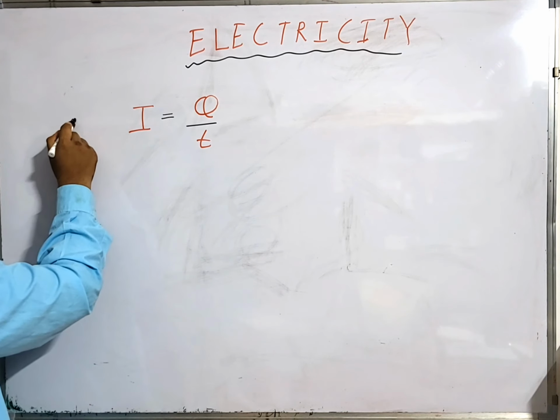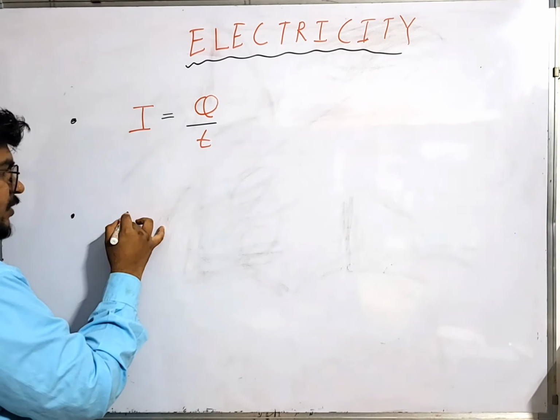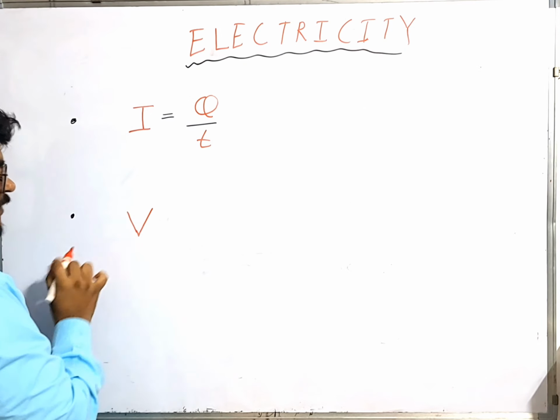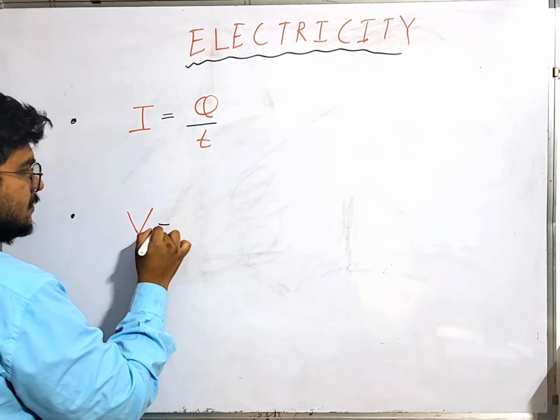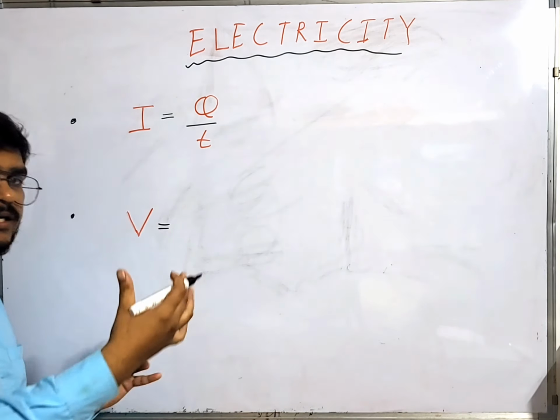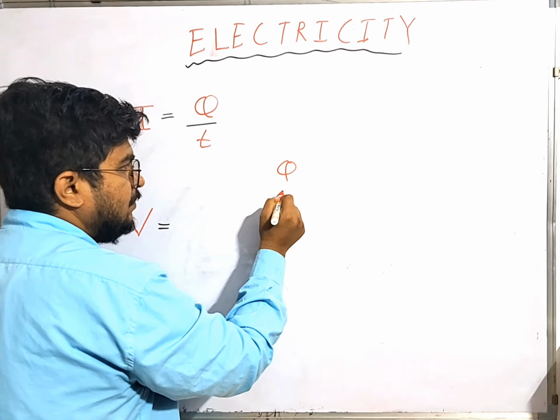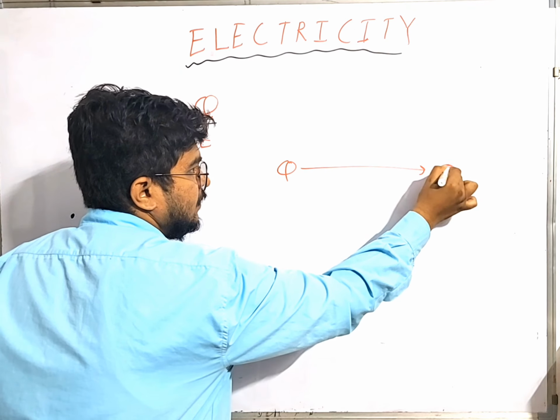Next quantity which we are going to study is potential difference, which is denoted by capital V. Now what is potential difference? Potential difference is the amount of work done to move a particular charge from one position to another position.